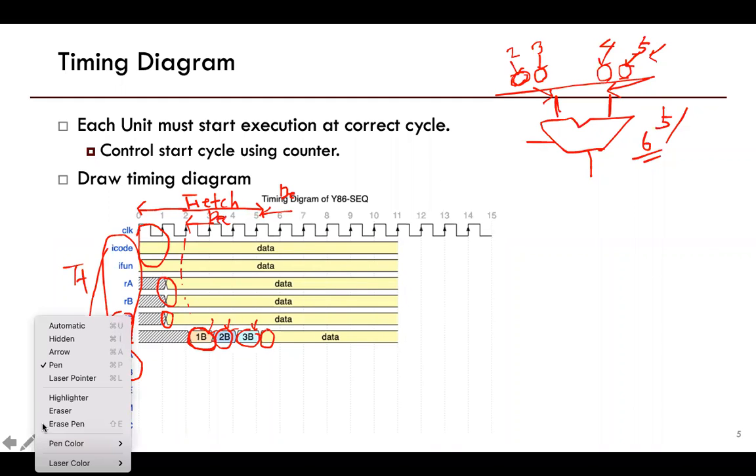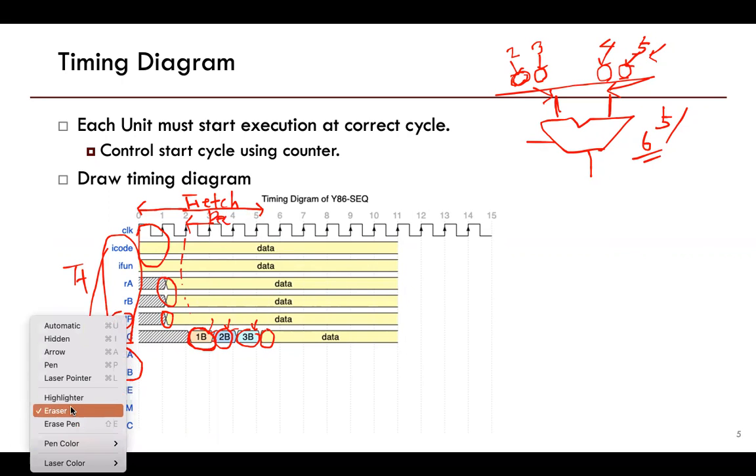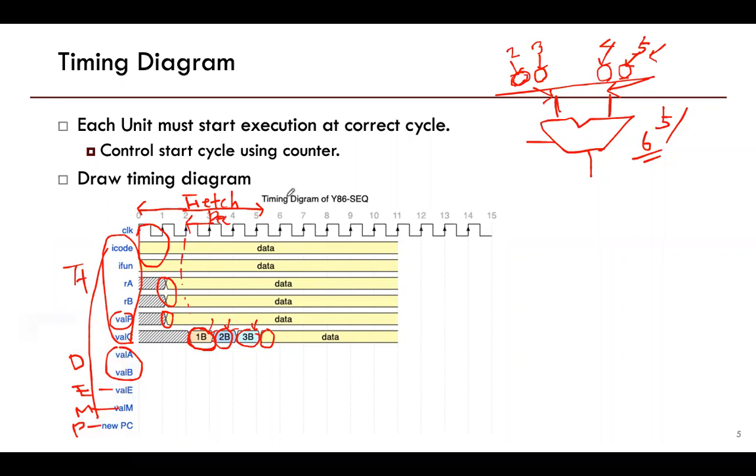But what about the execution unit? What are the inputs of the execution unit? We should know that to determine the timing of the execution unit. Maybe val_c is one candidate input to the execution unit, and val_a and val_b also can be data inputs.